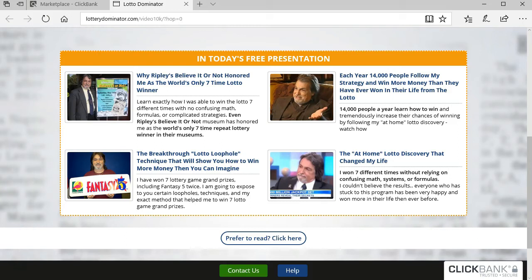Now, this looks very compelling because it's clearly the same person in all 4 photos, and in this particular photo in the lower right-hand corner, it would appear as if the person who created this lottery domination system was on television.